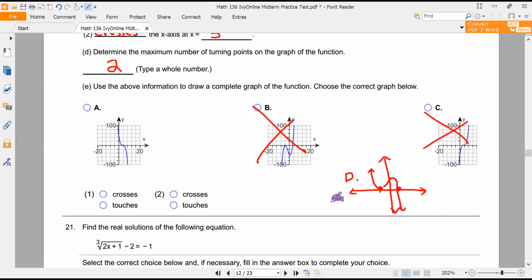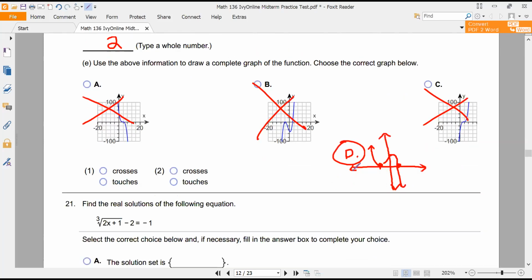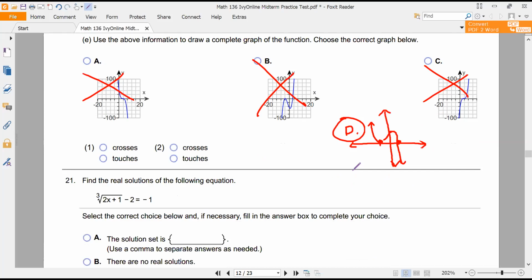So the only two that match the general end behavior shape are A and D. Now, when you look at this, it does not have both x-intercepts. This has just a single x-intercept. This one has the intercept at -4 and at +3. So A is out, and it has to be D. I am so sorry for that. It doesn't help that these graphs aren't completely printed either.